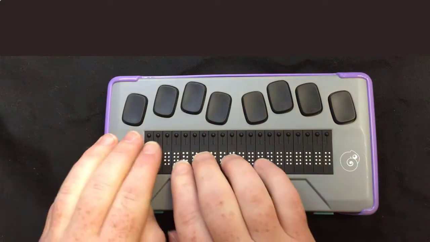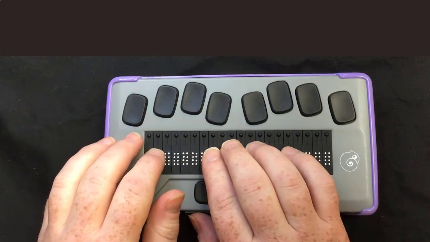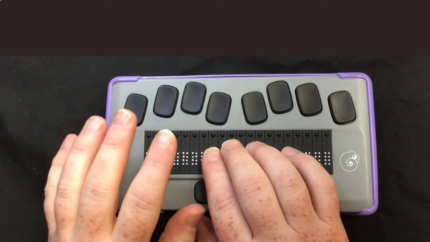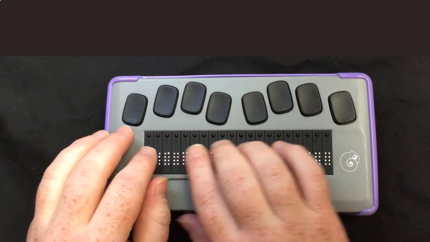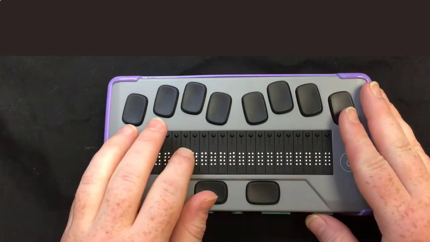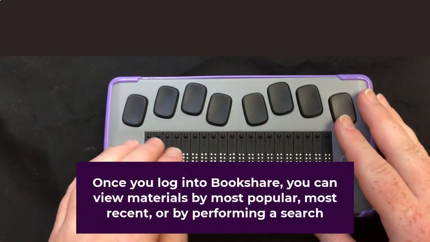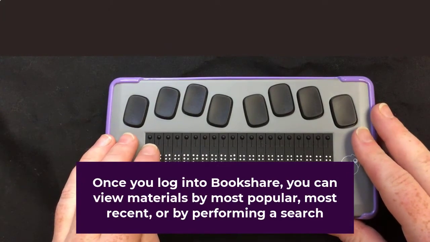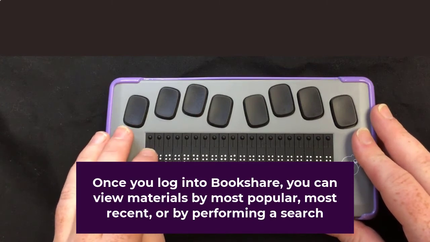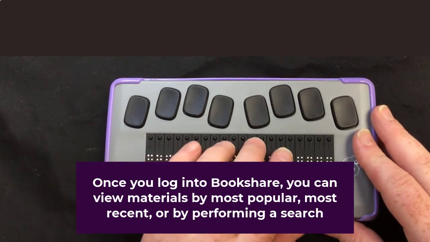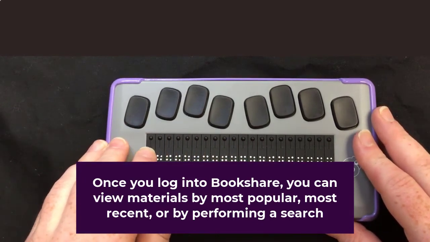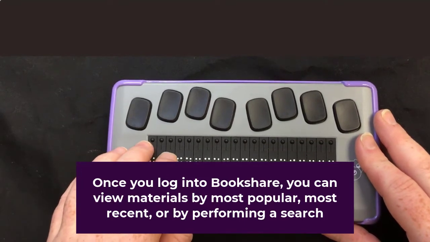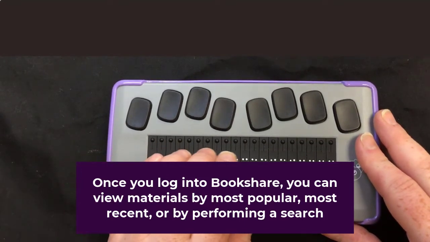When you log on to Bookshare, you're going to be placed at the beginning of your options. So they look like this. I have most popular as one category, and you're going to use your thumb key to progress. So next thumb key, and it'll say most recent, and then thumb key again, and then it's browse.